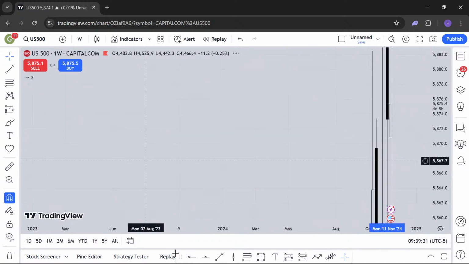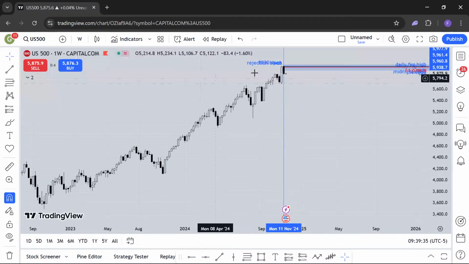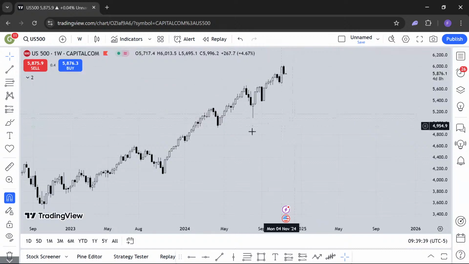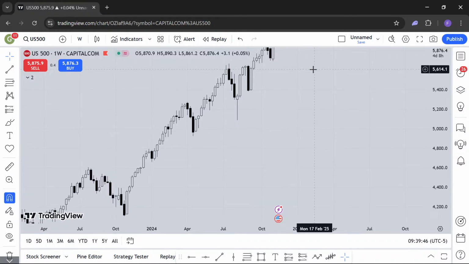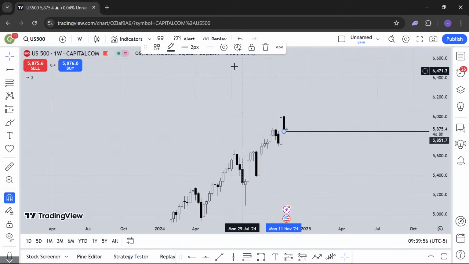So today is Monday. The previous week we had Thursday and Friday dropping lower. So you have these lows.